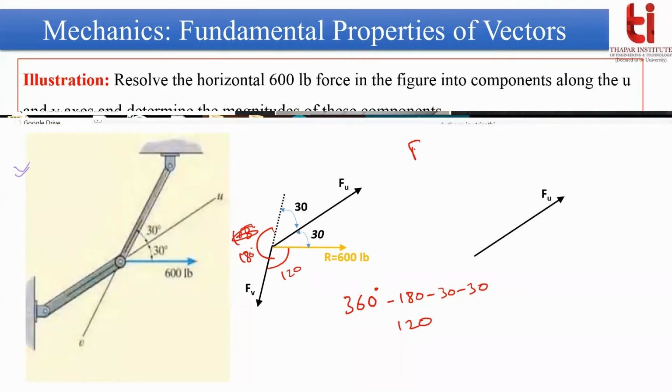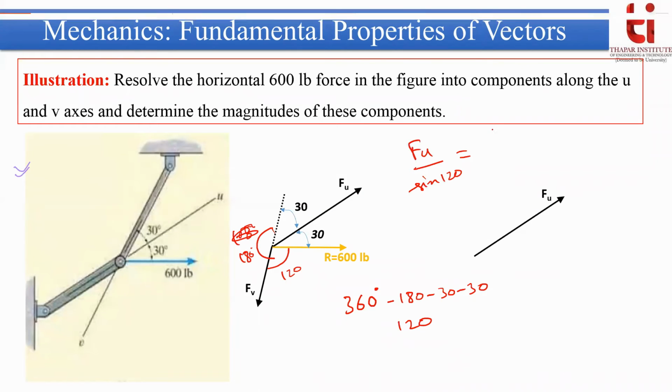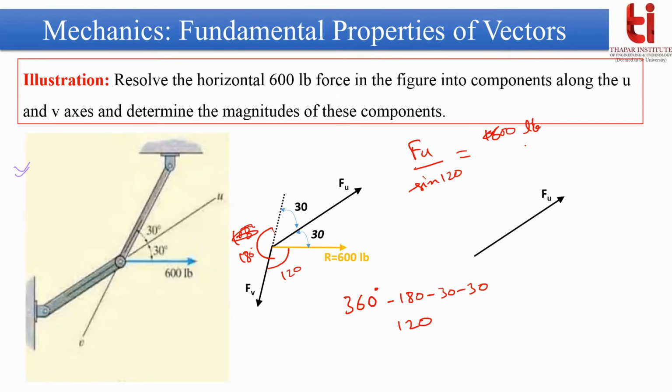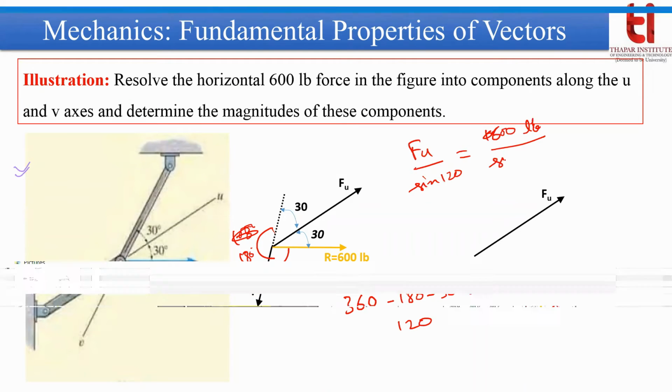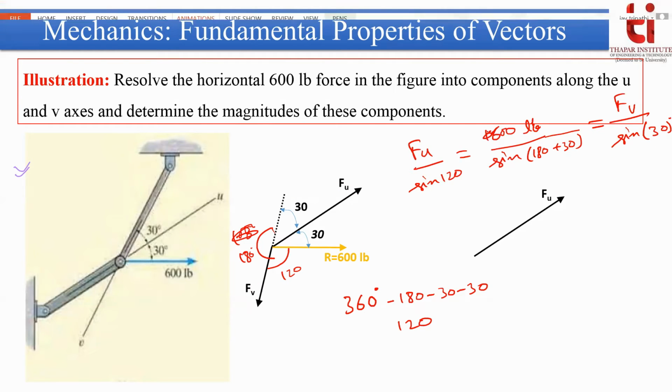According to Lami's theorem, fu divided by sine 120 equals 600 pounds divided by sine (180 plus 30), equals fv divided by sine 30.